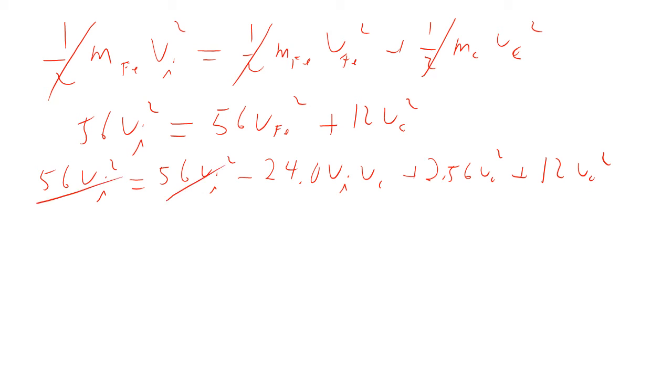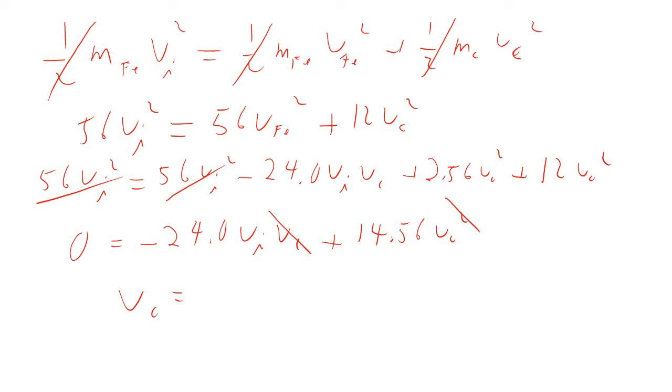So those cancel. We get 0 equals minus 24 V sub I V sub C plus 14.56 V sub C squared. That cancels one of those. And so we do a couple more steps. V sub C is 1.65 V sub I. And so that's going to be 1.71 times 10 to the 8th meters per second.